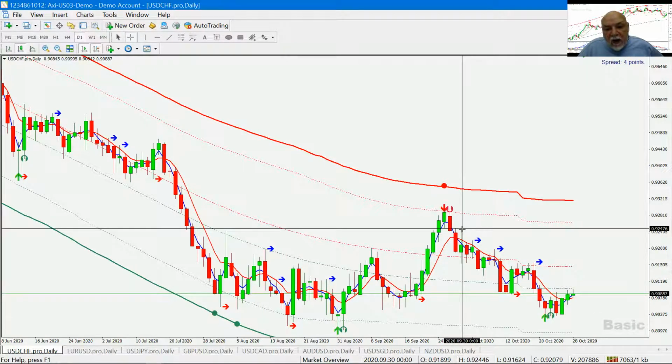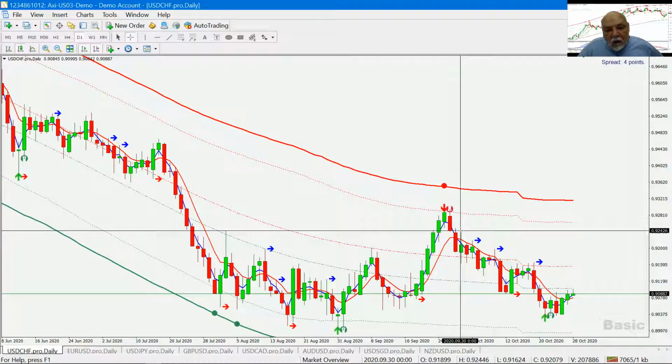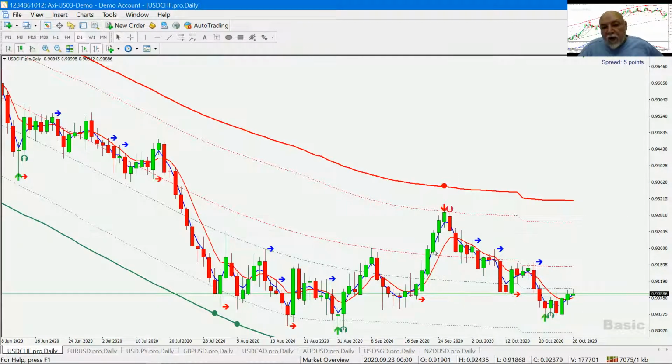So that could have been, on our most basic approach, about a 100, maybe about a 200 pip move over the course of about 3 weeks, it looks like. Not a bad move, but you have to wait for those indications, right? You have to wait for those.